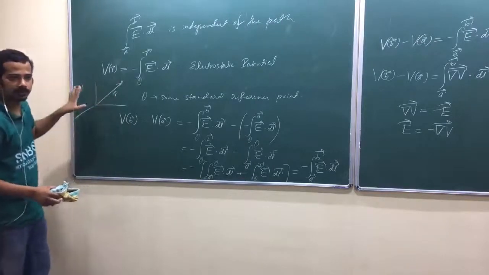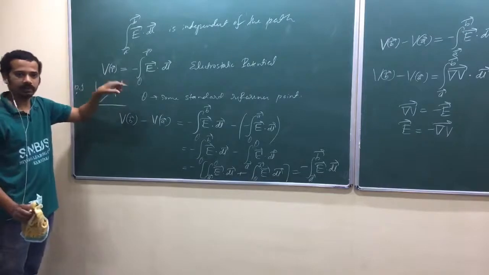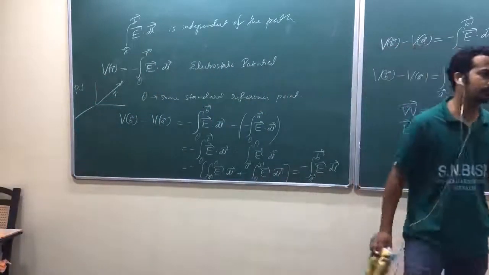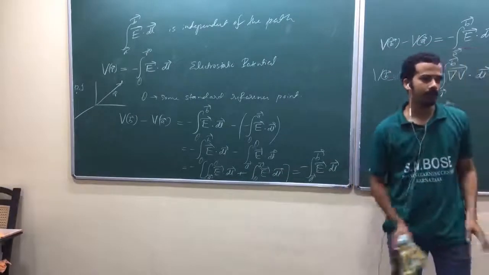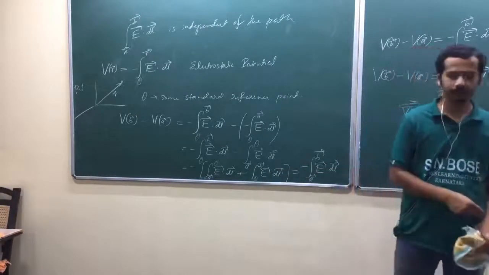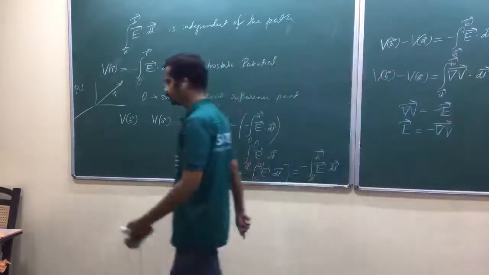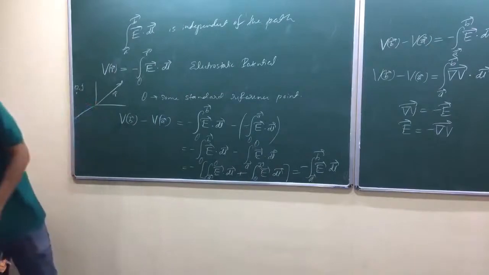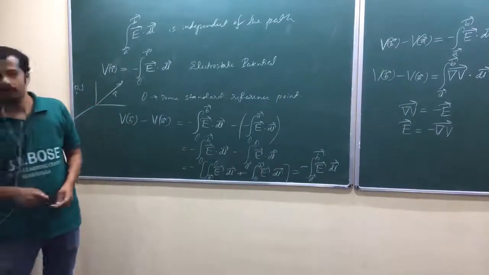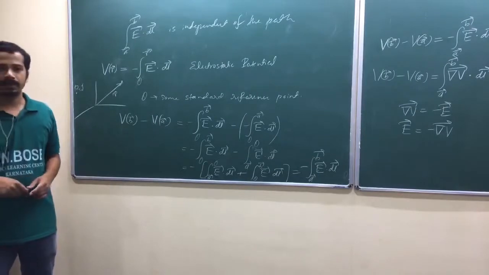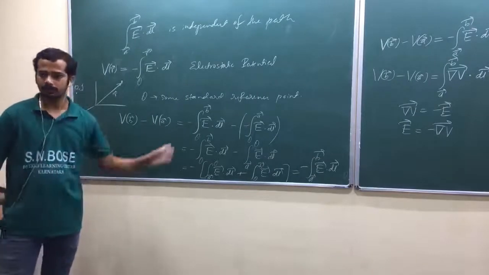That point was missing. Am I right? This is not the origin. This can be any standard reference point. Okay, you can choose your own reference point. There is no problem. But later we will choose one standard reference point.